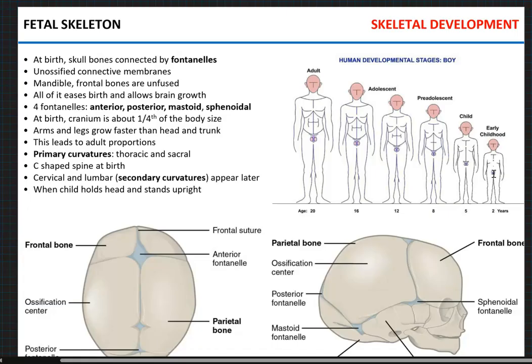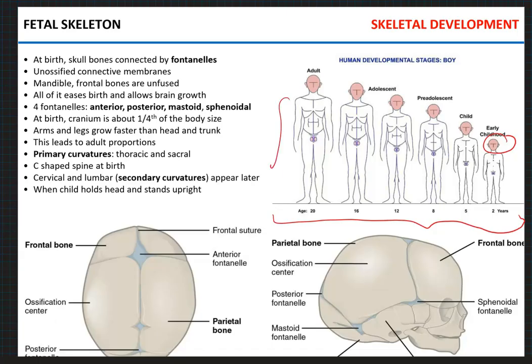So, just a quick developmental thing. First of all, look at the rate of growth for the head compared to the body. See that? When a child is born, like this is 2 years, you know how much of the child's length is their head? I wouldn't call it height because they don't stand.